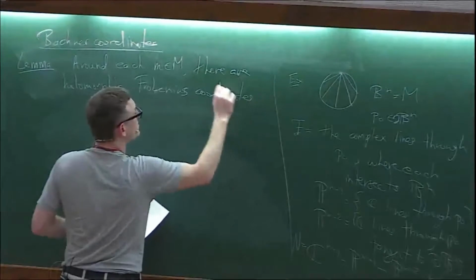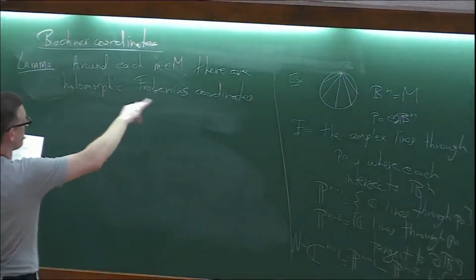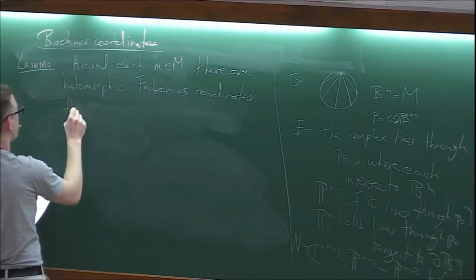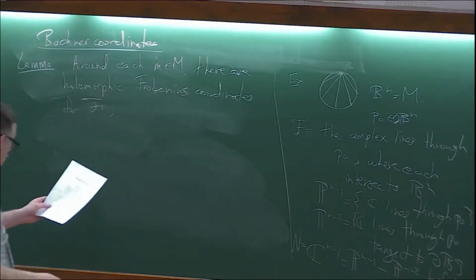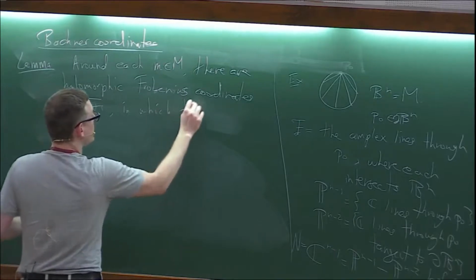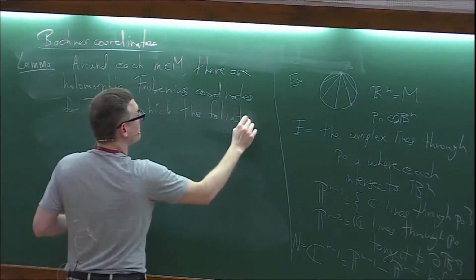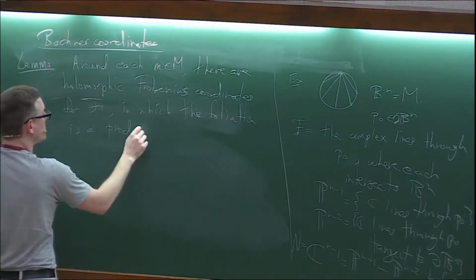For this, we're actually going to use hyperbolicity to get the whole thing. So that much is always true for any foliation: there are holomorphic Frobenius coordinates for the foliation. But they're better than that, in which the foliation is a product, so it's trivial.